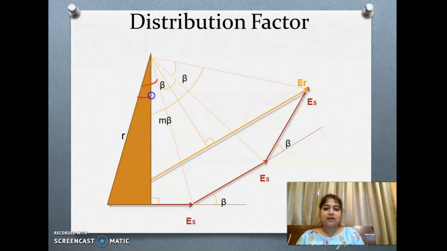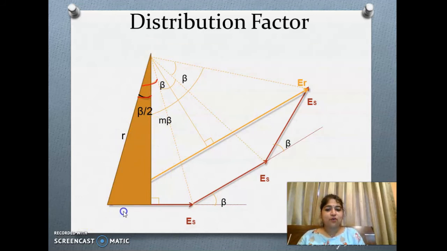So which is this angle? This is obviously beta by 2 because I have drawn the perpendicular bisector here. So this is nothing but beta by 2. Now this is beta by 2, this is 90°, and this is a right angle triangle. This is R.